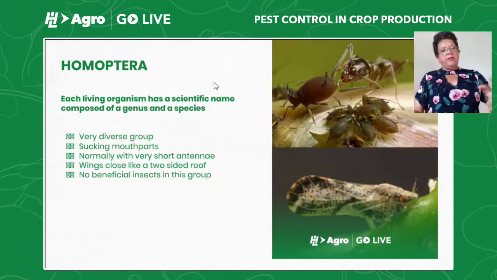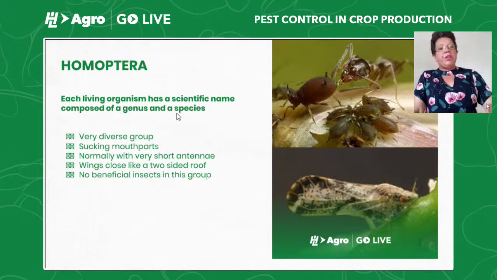Normally there's a symbiotic association between ants and aphids. Ants protect aphids, and aphids in return give ants sugary substances, which is what they excrete. So it's you give me protection, I give you food. It's a symbiotic relationship.